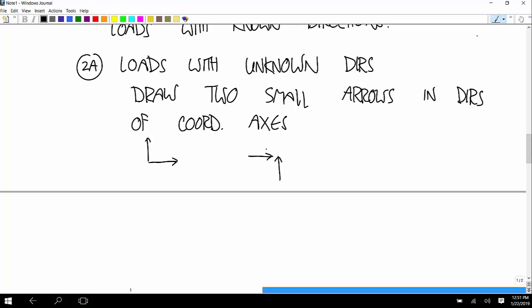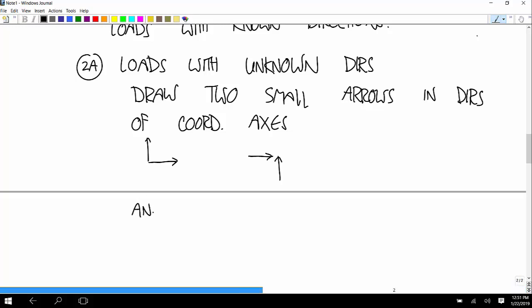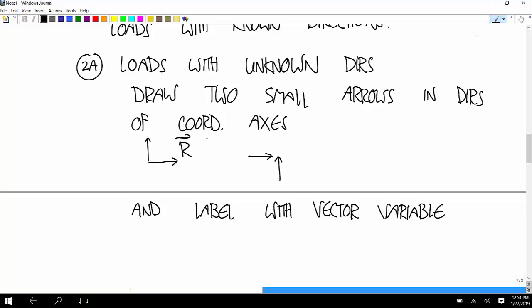Either one of those is fine. And label it with a vector variable, like an R or an F. What that's saying is that this force R is made up of an x component and a y component, like Rx and Ry.